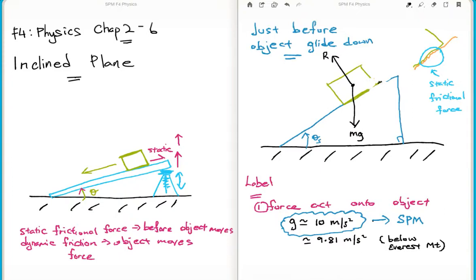It's supposed to be between here and here, but I don't want to separate it from the free body diagram, so I label it here. This is my frictional force, maybe F subscript R. This is my box, and this is the inclined plane.